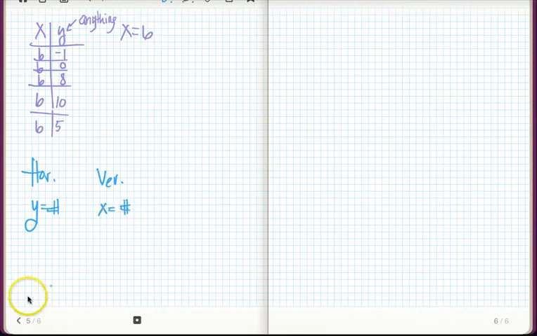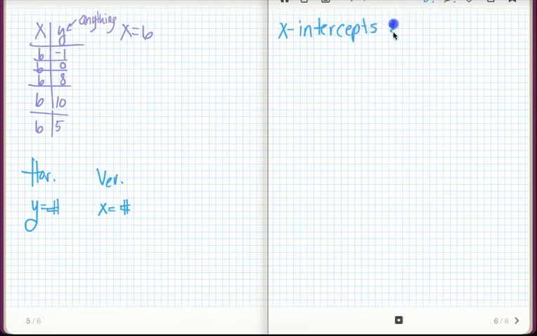Let's go ahead and take a look at intercepts, because intercepts are a really cool way to graph lines as well. And which intercepts are we talking about? X-intercepts and Y-intercepts. So what is an intercept? Well, think of an interception in football. It's where another player grabs the football out of its intended mark, out of its intended line.